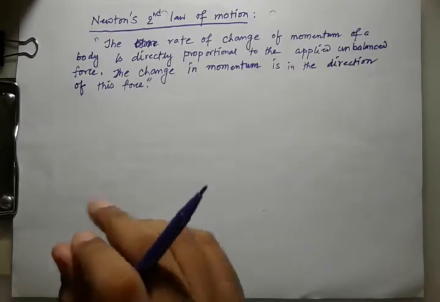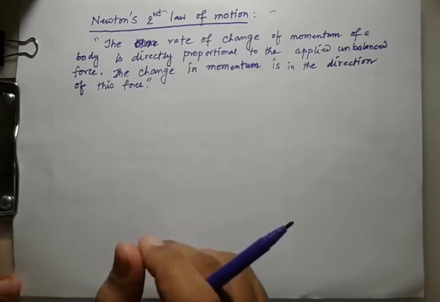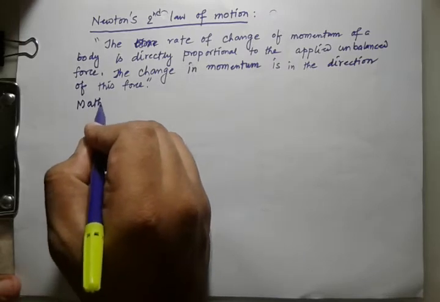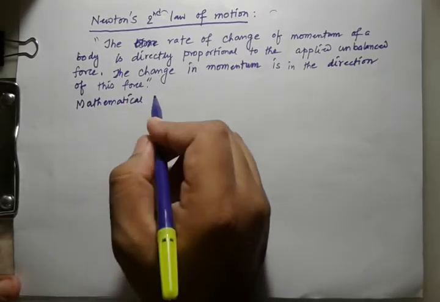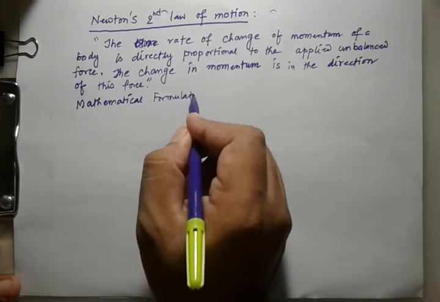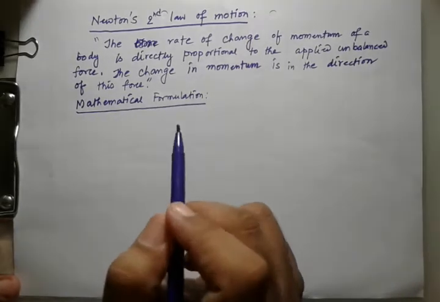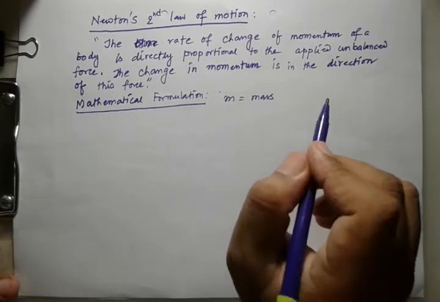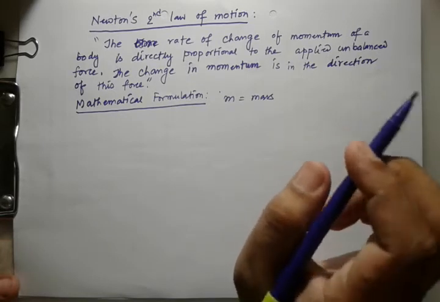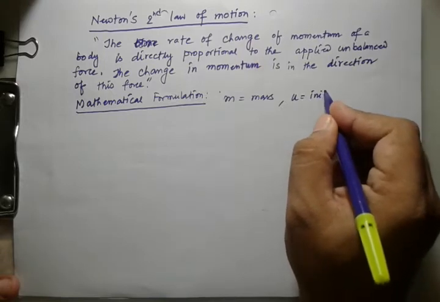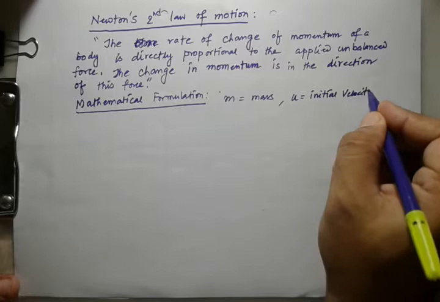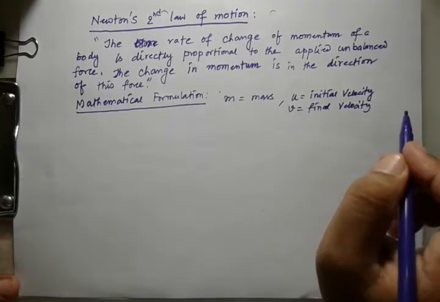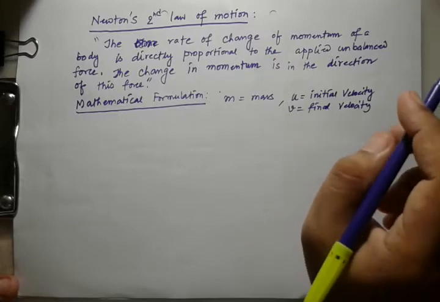Now, what is the mathematical formula of this? Suppose there is a mass m. Write m is equal to the mass of an object, u is equal to the initial velocity and v is equal to the final velocity.